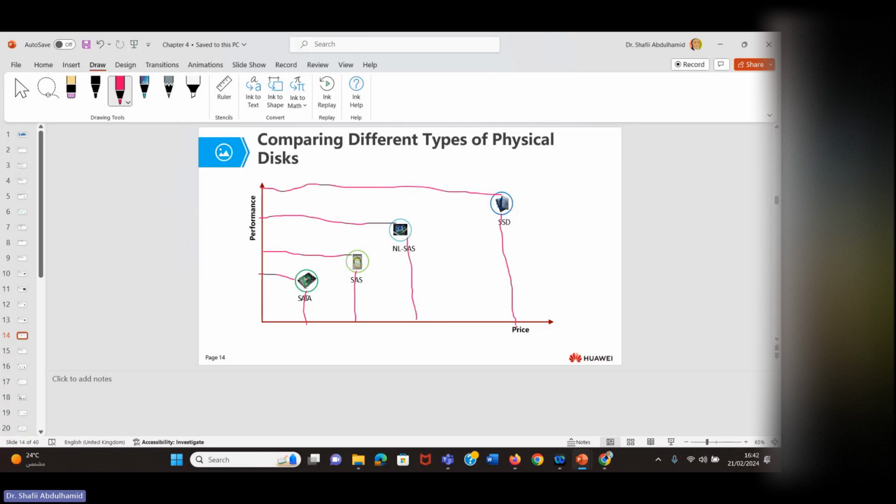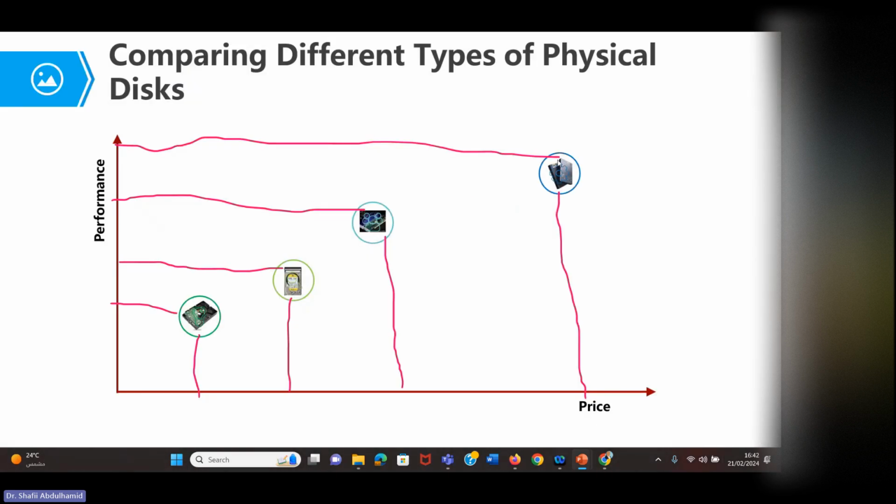Exactly. But again, I'm trying to find out how to play around with this pen. Always I have to exit the slideshow before I can write. I don't know if there's another way. Do you know another way that you can use the pen from here without exiting the slideshow? If I put on the slideshow, I cannot use the pen.